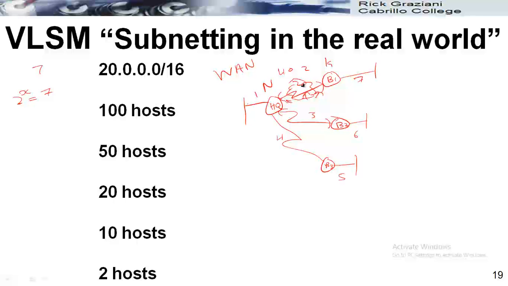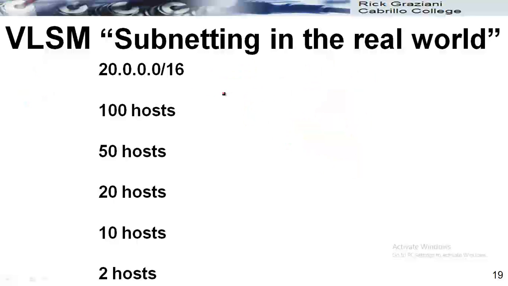So VLSM is where we tailor every subnet. Yeah, every subnet, like in this case, we tailor it to the requirement. That way we don't waste IP addresses. But I think, of course, you'll appreciate what I'm talking about when you see how we go about it.